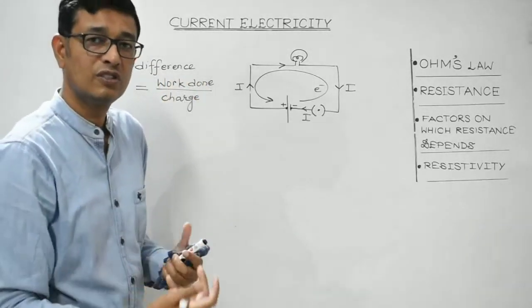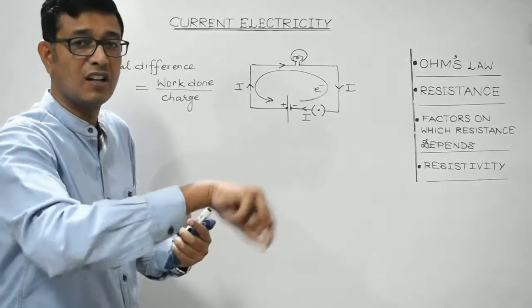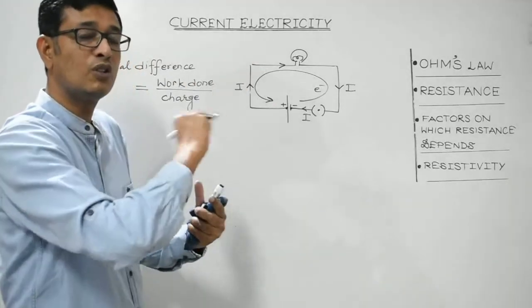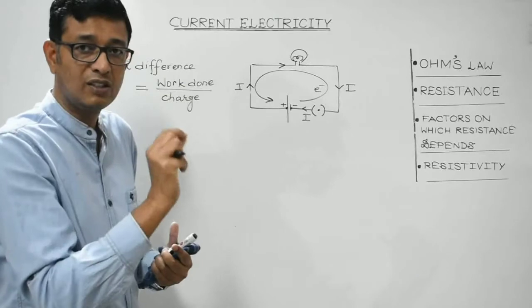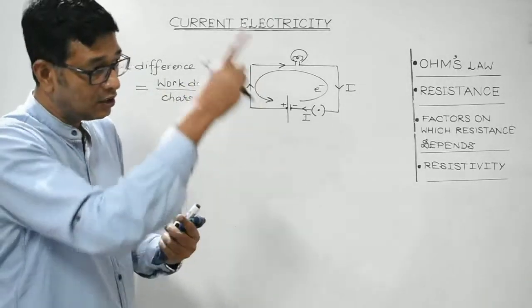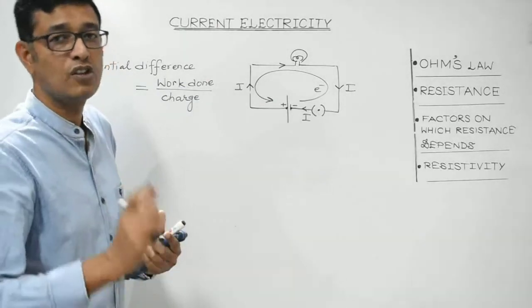The source. The source performs some work in driving the charge so as to enable it to move from one point to another point so as to complete the circuit. So that work done by the source per unit charge from one point to another point, or between any two given points, is known as potential difference.